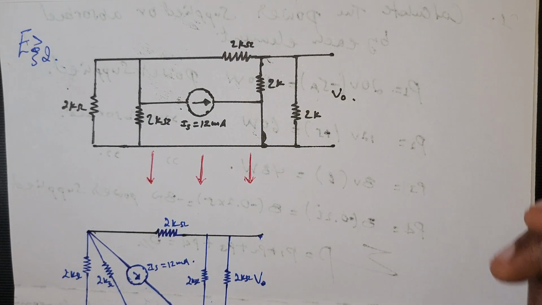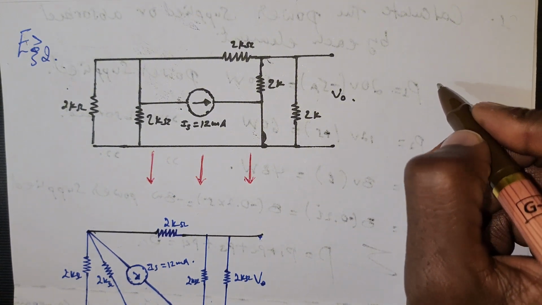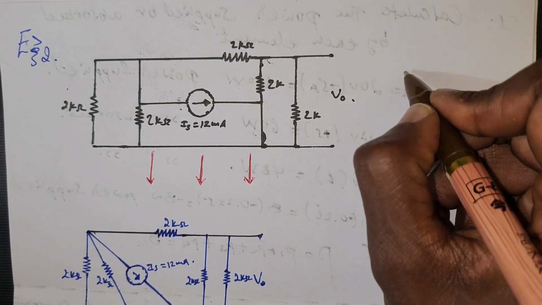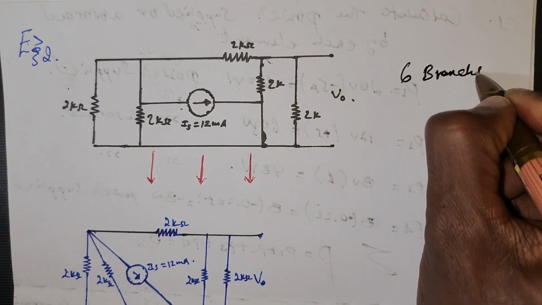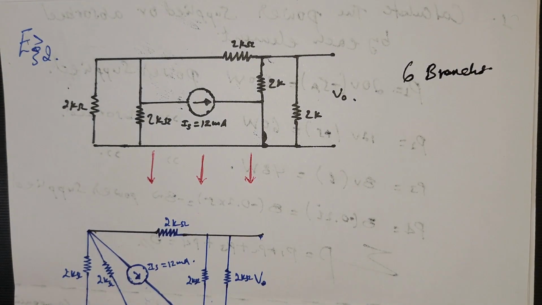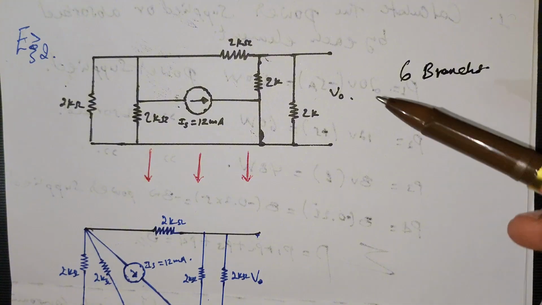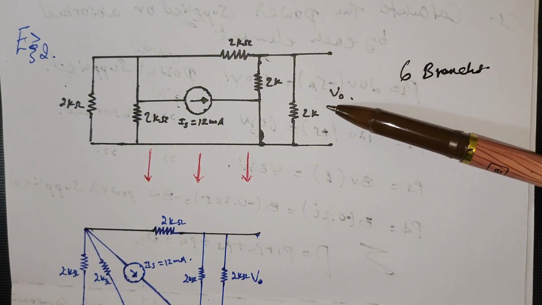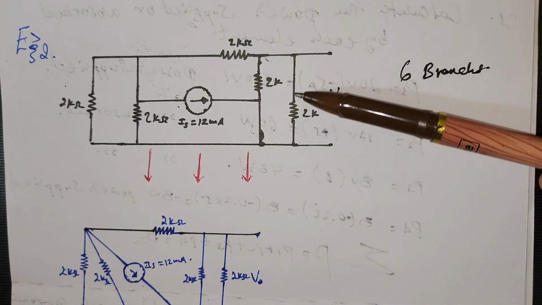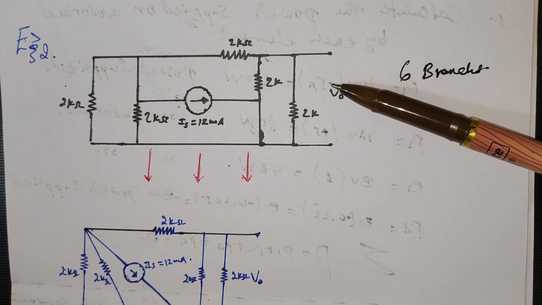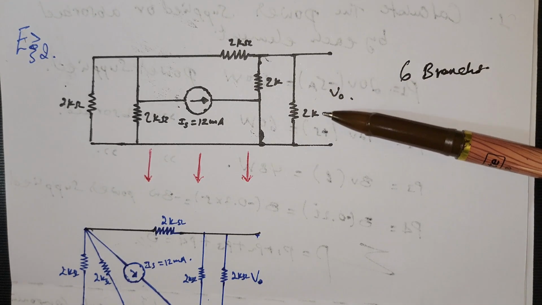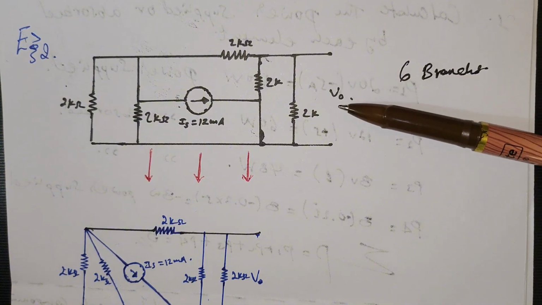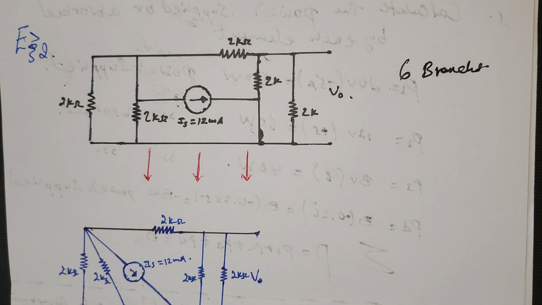So we got 6 branches. This one is simply the output voltage on the 2 ohm resistor, not actually a component or part of the circuit, so we don't count that part.